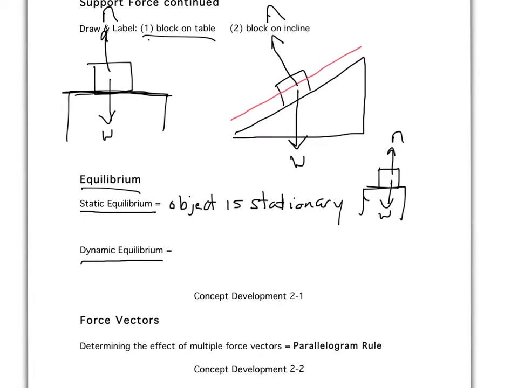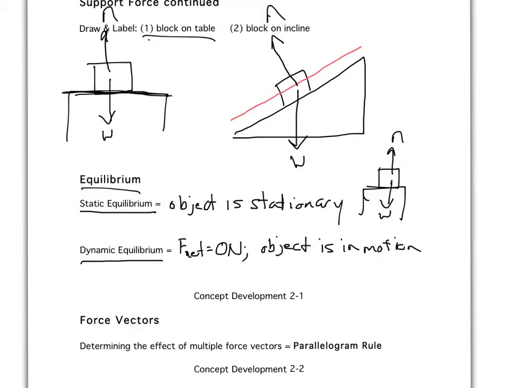Dynamic equilibrium is a little bit different. Again, the sum of all forces, or F net, is 0 newtons, but instead of the object being stationary, here the object is in motion. Now, that's great and all, but what type of motion is the object in?